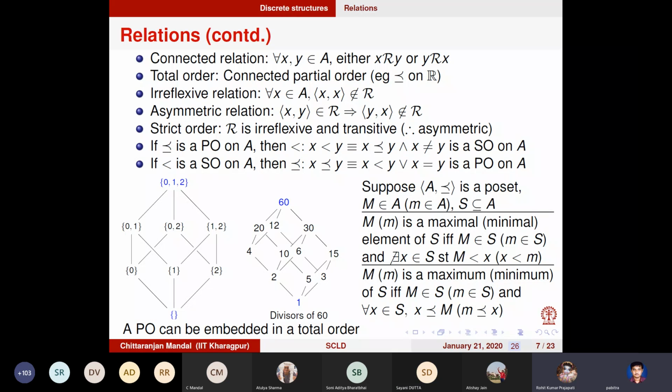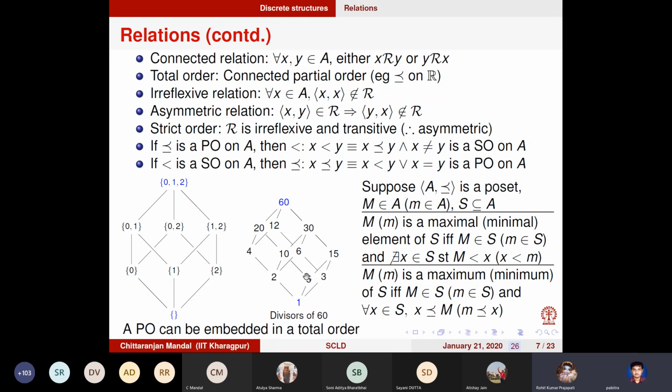What we mean is that if you take the entire lower bound set, every element of the lower bound set should be connected to every other element. You might ask why, in 1, 2, 3, 6, everybody is connected.